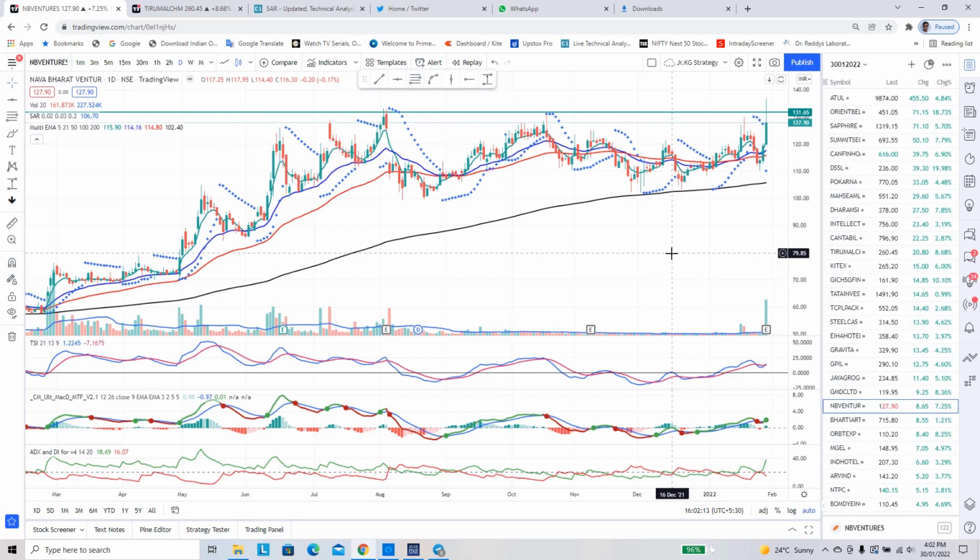So this is just a quick glance at how I search for these stocks for taking a position as per my strategy. In coming videos I will discuss more on stock specifics.